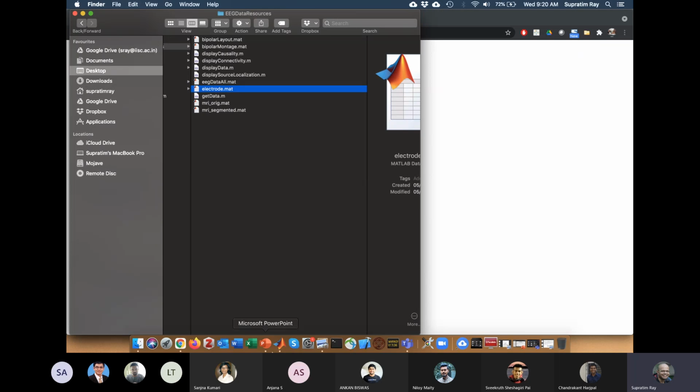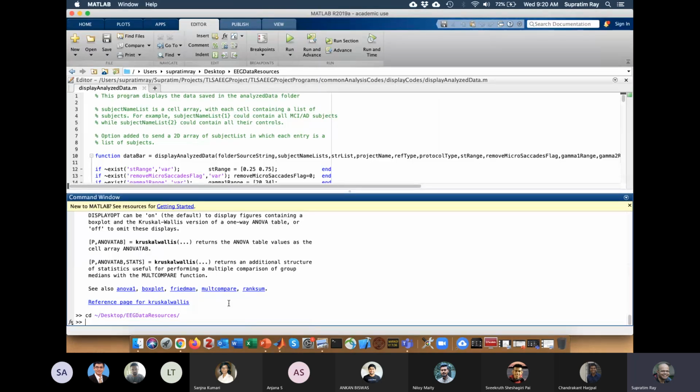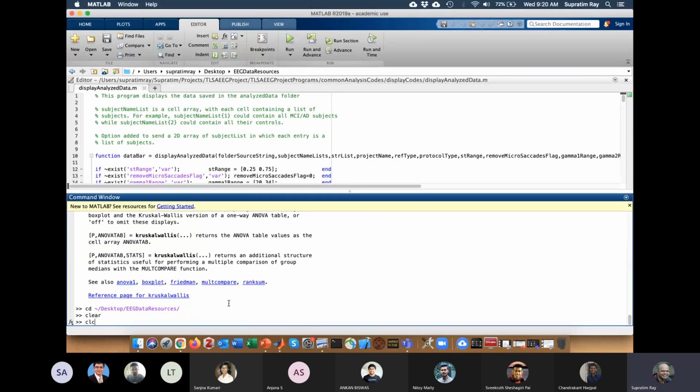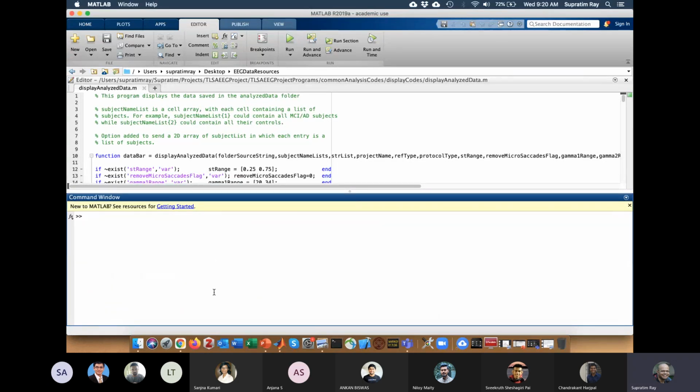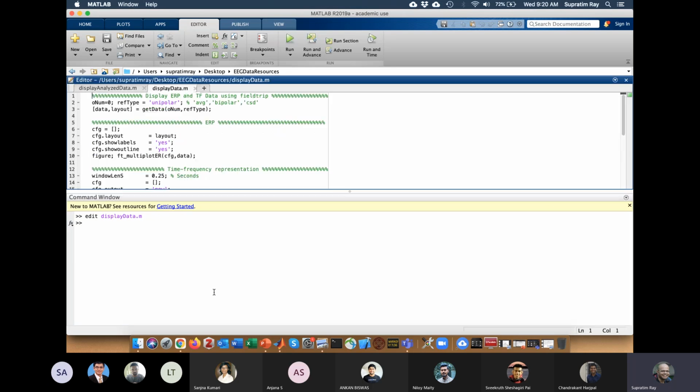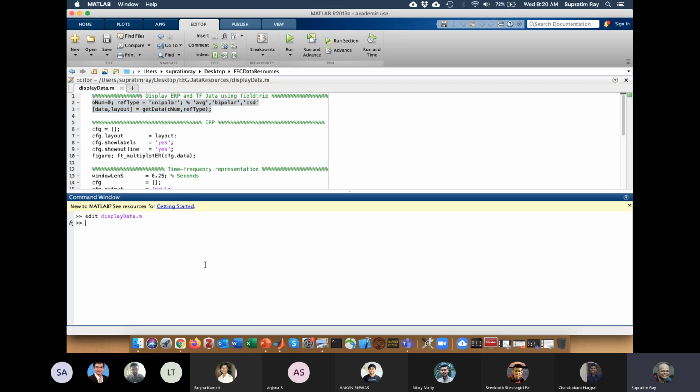So let's look at display data.m. All you have to do is edit display data, and then you get to this program. Here's the data.